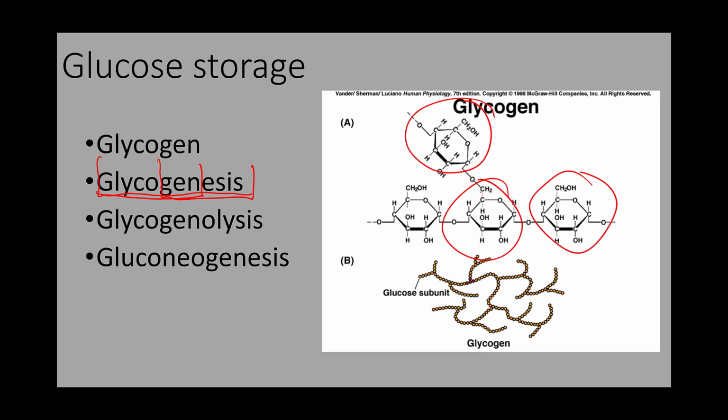That process of splitting glycogen, remember lysis, to split. What are we splitting? Glycogen. Glycogenolysis. Glycogenolysis is splitting glycogen to make glucose.